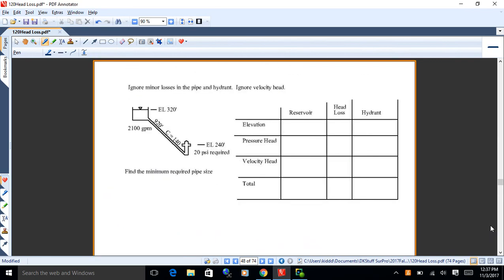Last one here. I think I got these numbers pretty well memorized now.